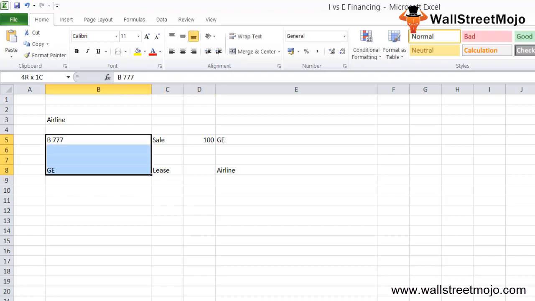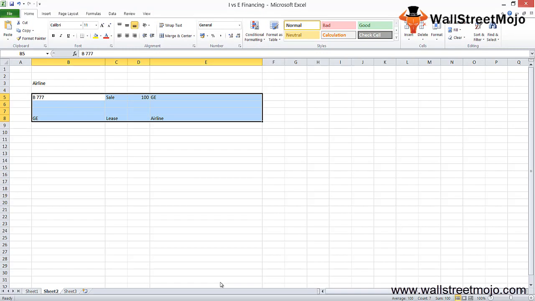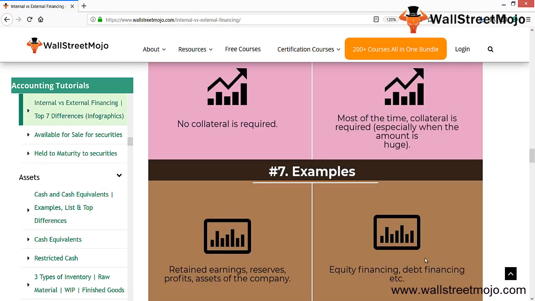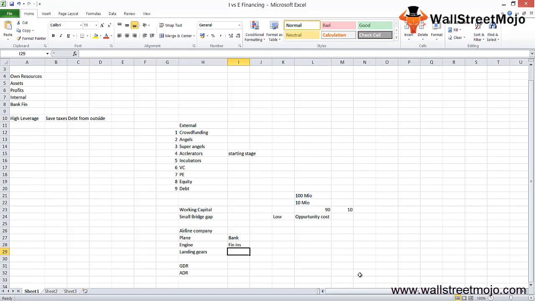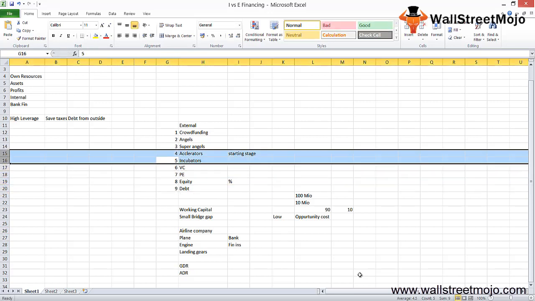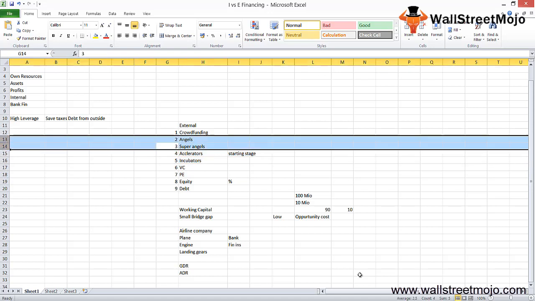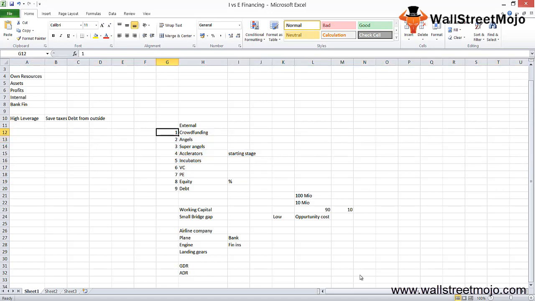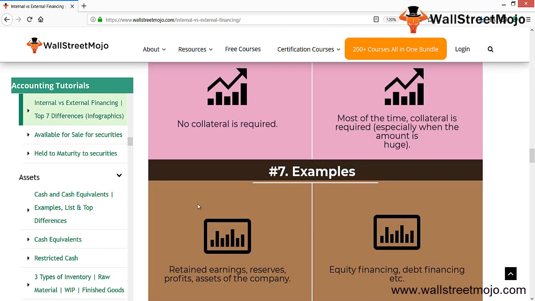And this is known as the sale and leaseback transaction they sometimes do with their own assets. And equity financing, debt financing, as I told you, majority of the time over here, equity is given as a percentage. Debt financing over here, not majorly equity. Over here, it's equity, and they may or may not. So this is how the whole differentiation has been divided for internal and external financing.